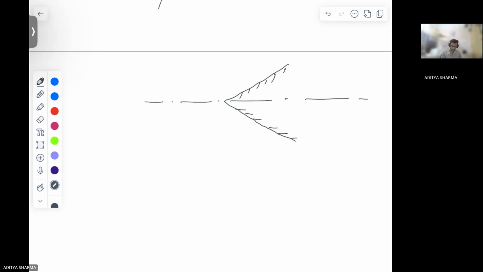So this theta is greater than theta max. Now what we are going to get here is a bow shock in front.